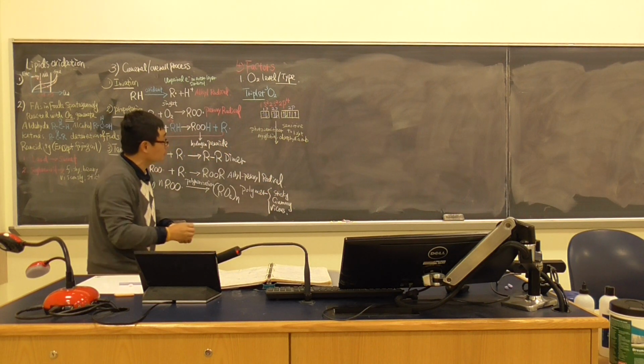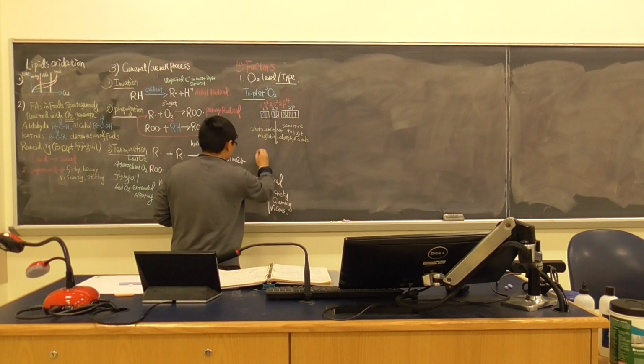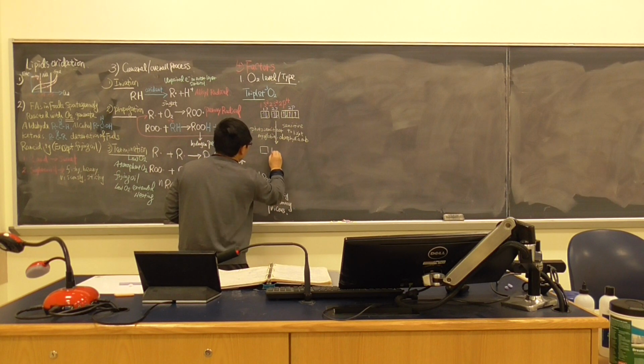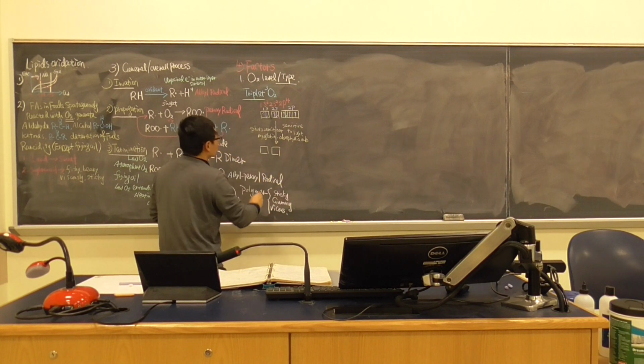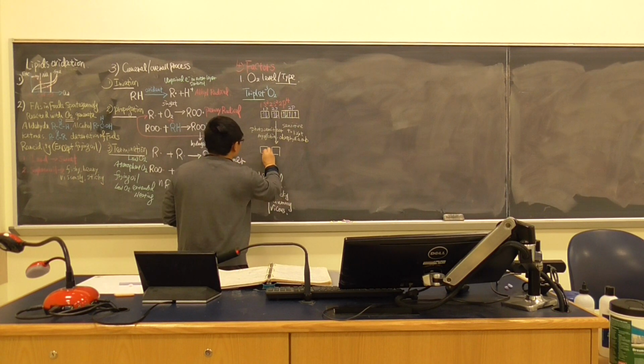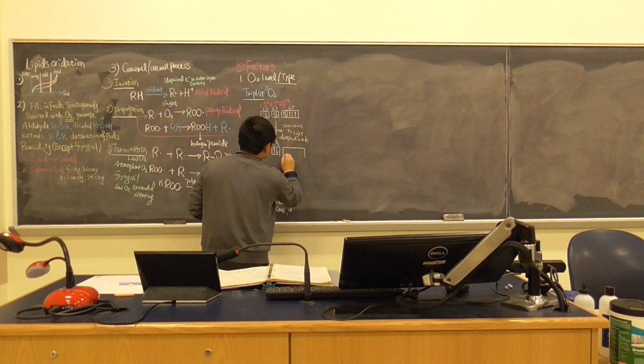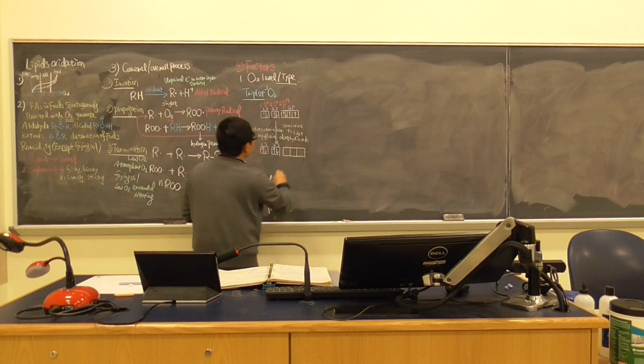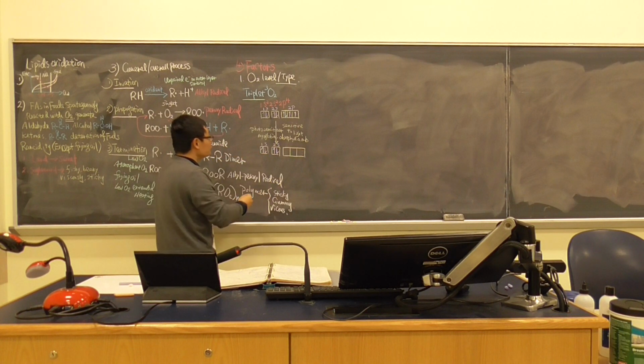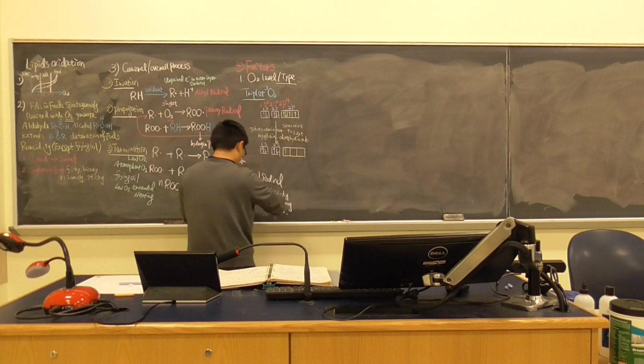Then what will happen? It will be changed. How do they change? 1s and 2s are exactly the same, nothing changed. We don't have to worry about 1s and 2s. What happens is in this 2p. Even the first sublayer is not changed.